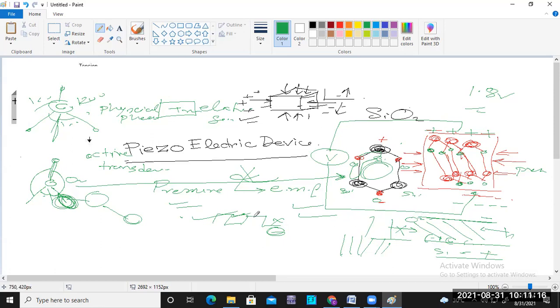And again, if you provide some electric power, not mechanical force, if you provide any electric power, again it becomes a straight line, and this crystal increases, meaning it becomes enlarged.